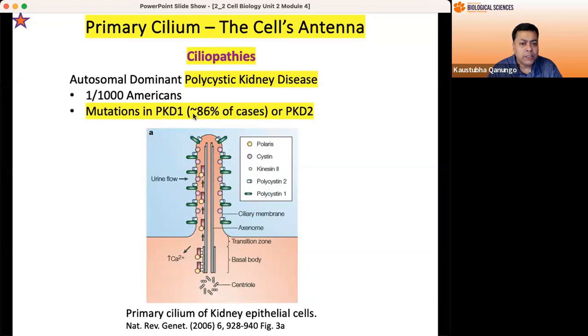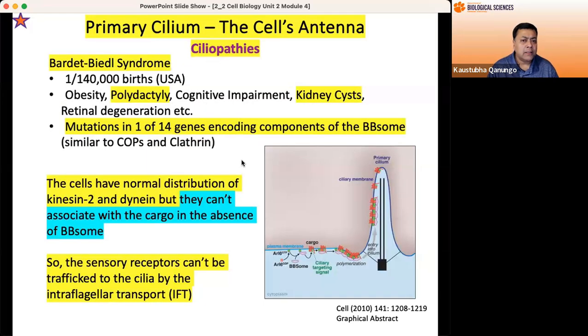If they have a mutation, they are not delivered onto the primary cilia, and they cannot sense that, and that can cause a problem of urine production, and polycystic kidney disease can happen out of that.